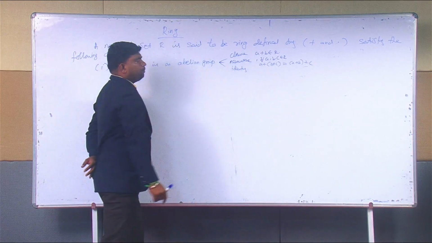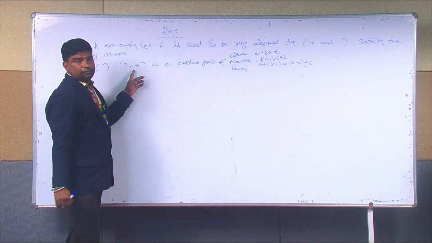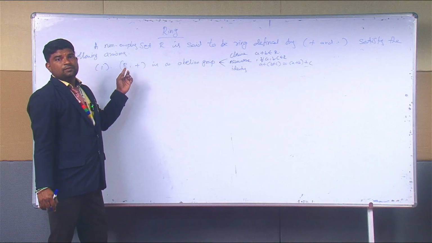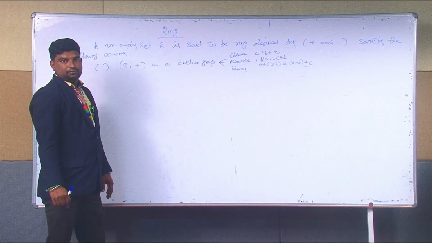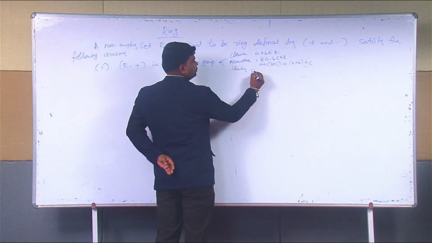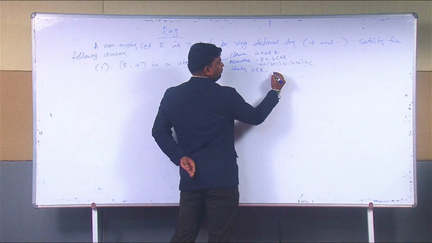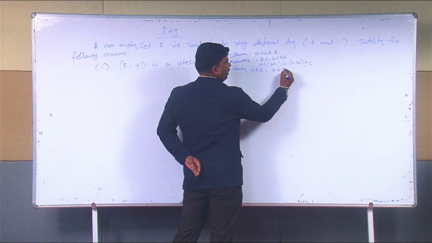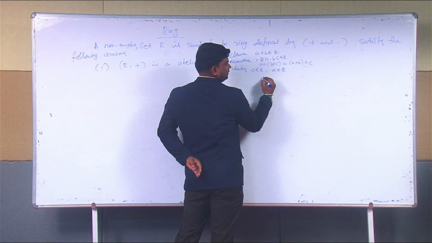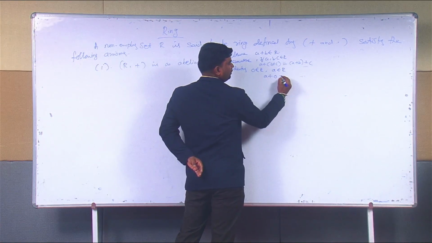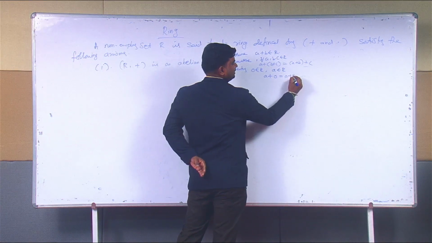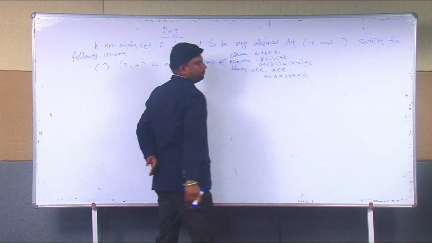The identity property is under addition, so 0 is the identity element. 0 belongs to R, such that for any element a belongs to R, a plus 0 equals 0 plus a equals a.